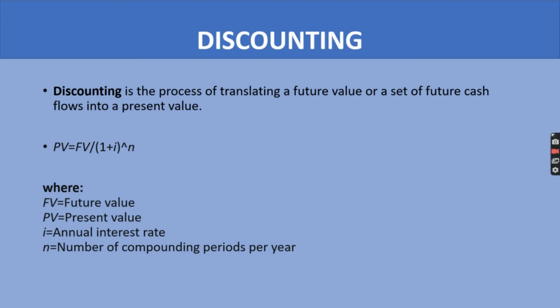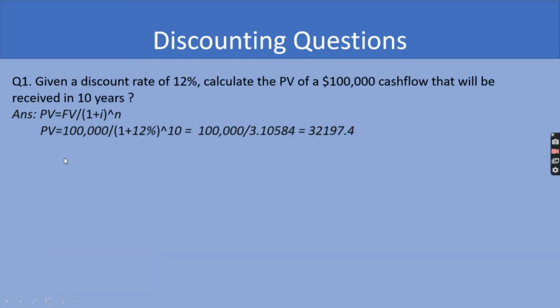You want to find out what should be the sum of money that you should invest currently in a bank or a financial institute to have that amount. So basically you will discount that expected money that you want with the interest rate raised to the power n, and you'll get the present value that you should invest now.